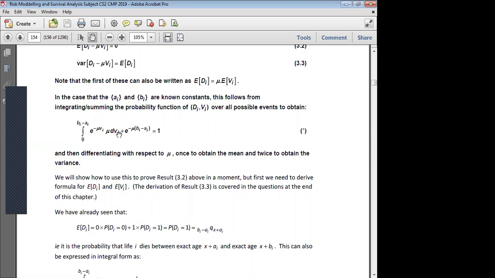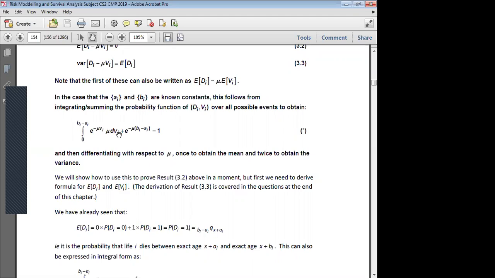The first integral is the probability of life x living up to Vi and dying instantaneously, right? Exactly, yes. So we are taking the two possible values of Di that we can observe into account. One is that it's 0, which is the first integral, where this person can die anytime between 0 and bi minus ai. The first term is the possibility where your Di is 1, where the person can die in between the observation period.